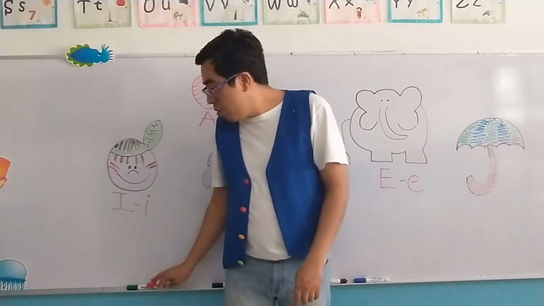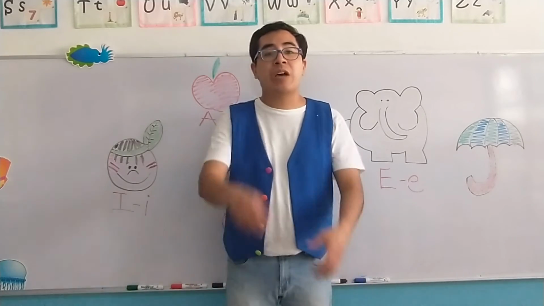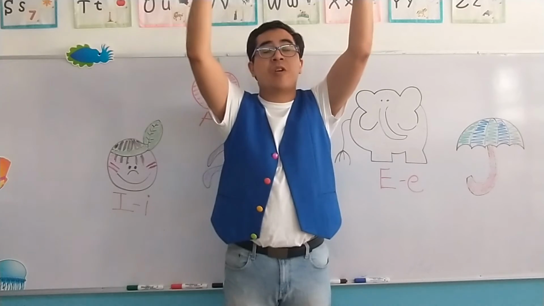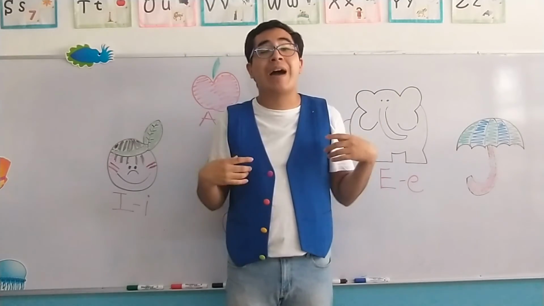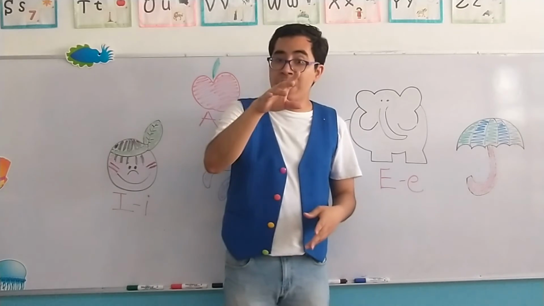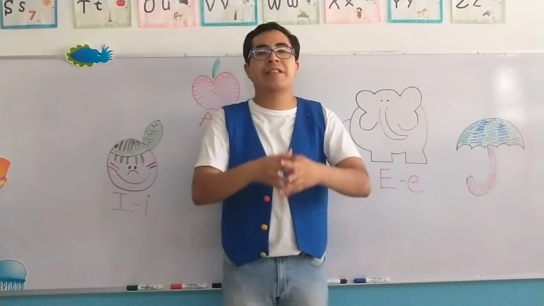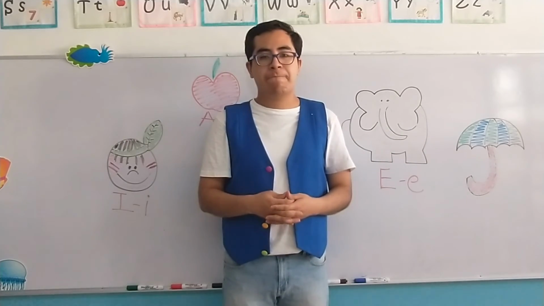And finally, the last object of this exercise. We have an umbrella. Now remember, the umbrella is the object that we use to protect us from the rain that pours off the sky. Now, the word umbrella or unicorn also begins with one letter. ¿Con qué letra va a empezar umbrella?